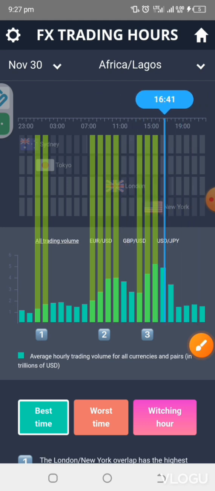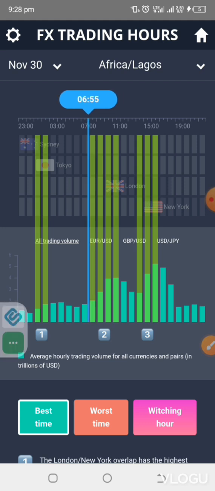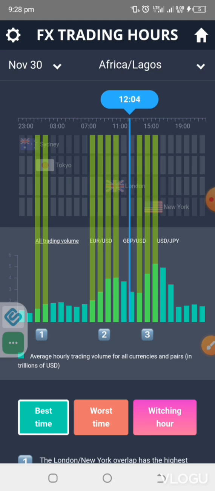So we are looking for the periods that have the highest liquidity. For me, once the timeline here moves into the first bar of the best time, I will start my trading. Then once it reaches the last line of this bar, I will take a break.